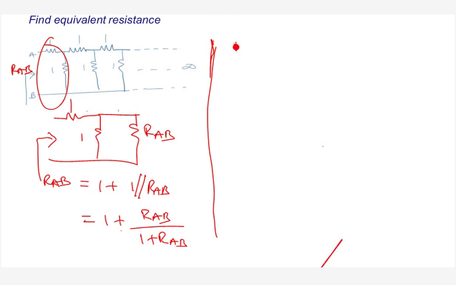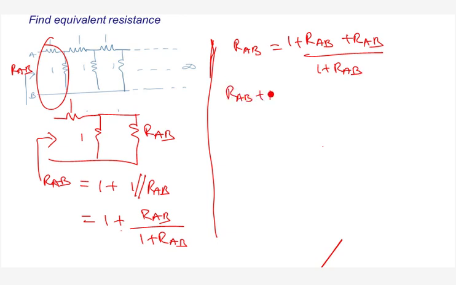So RAB plus RAB square is equal to 1 plus 2 RAB. If I bring this to this side, RAB square minus RAB minus 1 is equal to 0. Is it clear till here?